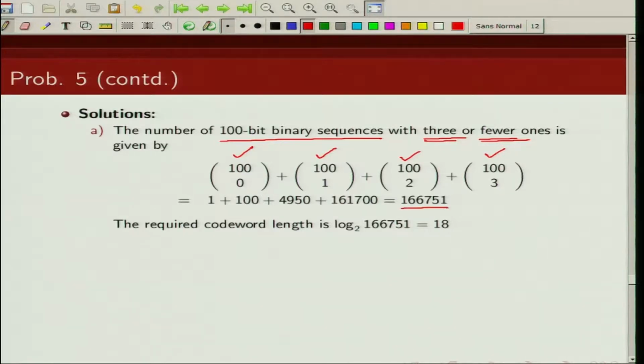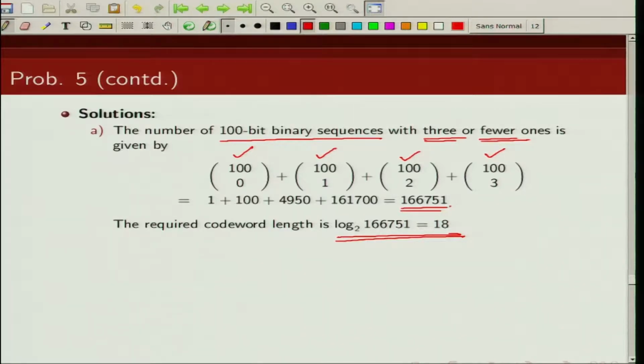So this total comes out to be this. Then the required code word length in this case is going to be the ceiling of log to base 2 of the number of such code words.